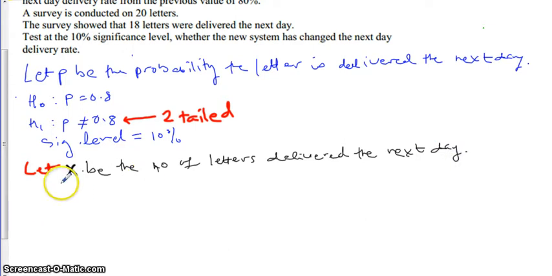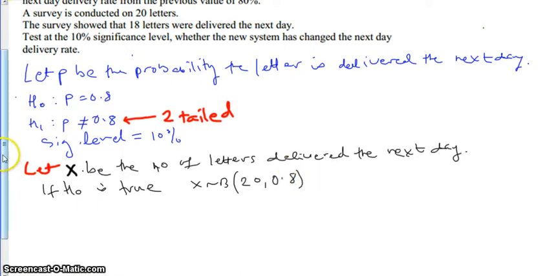We have x, and we then state that if H0 is true, x is binomially distributed with n being 20 and the probability of success, a letter being delivered next day, being 0.8.